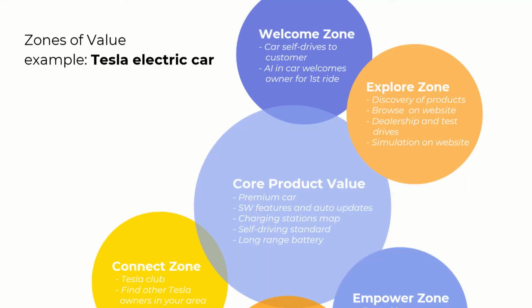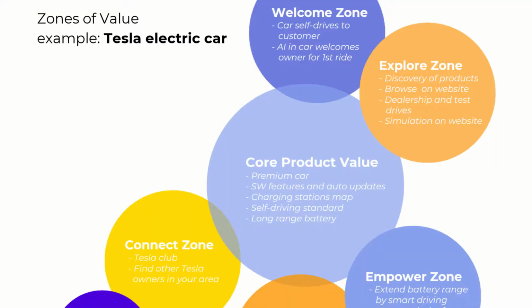It's creating, developing, producing a premium car that is eco-friendly, that has self-driving capabilities, that has certain features that include charging stations, things like that. Those fit at the core product value. And this is just a guess. It could be anything really that really represents the core of the brand and the company.